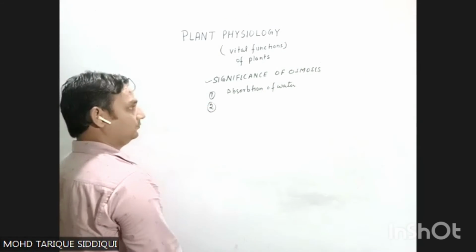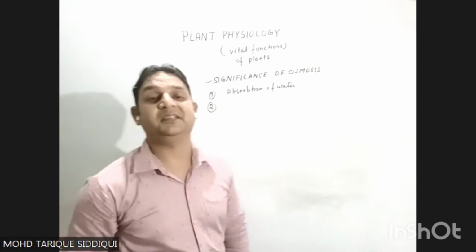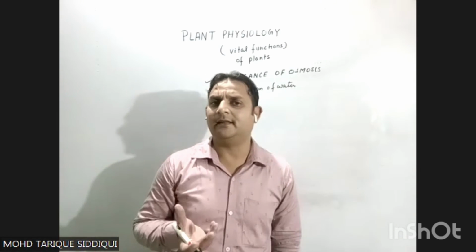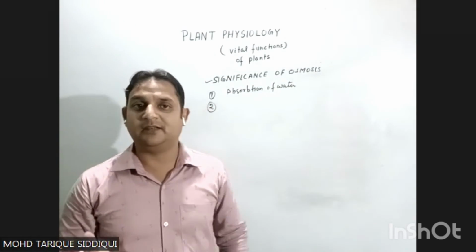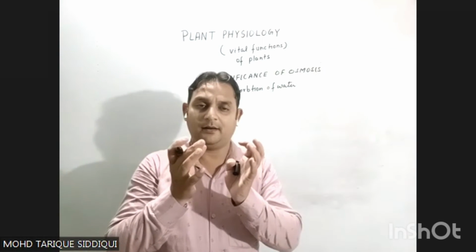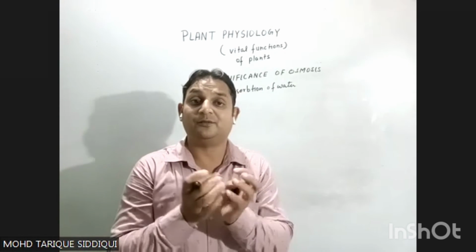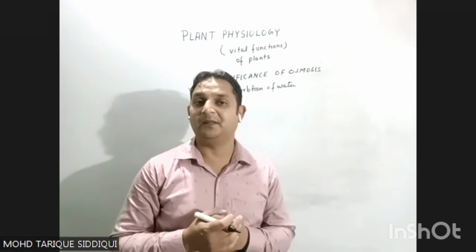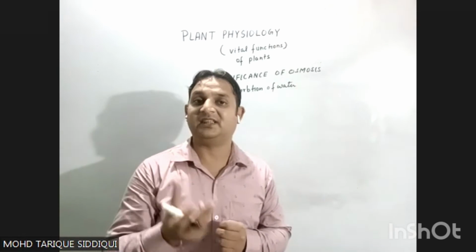Second, stomata open in the daytime because of turgidity. When we study transpiration, we will go through the mechanism of stomatal opening and closing. So stomata open because of endosmosis, because of turgidity.